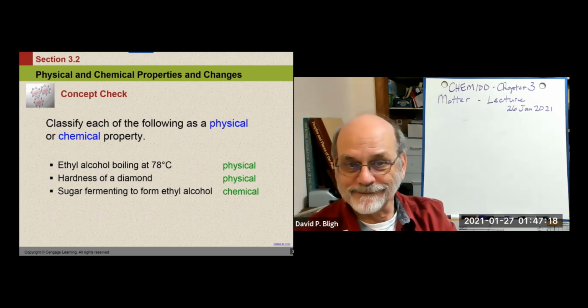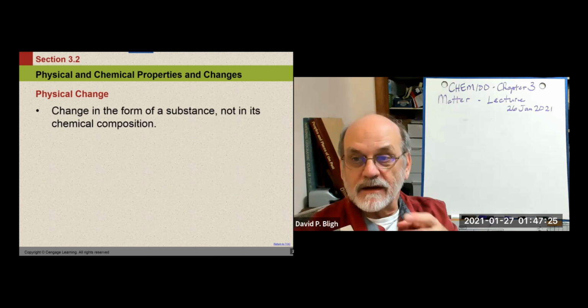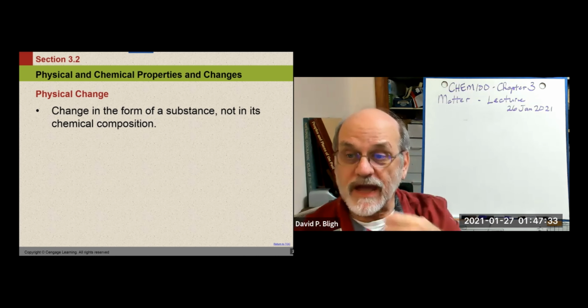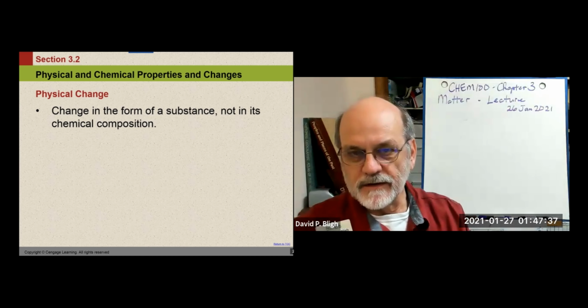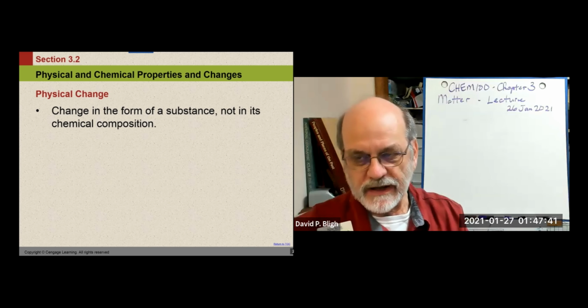Okay? A physical change is just that. It describes a change of physical characteristic. It describes the actualization of a physical property.